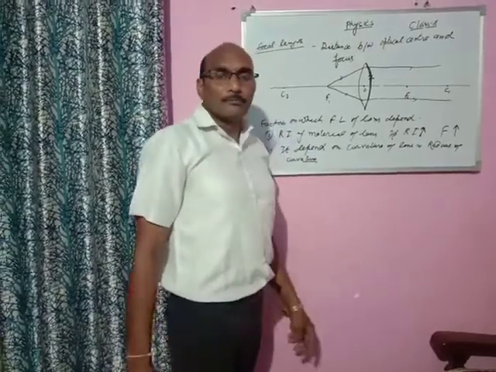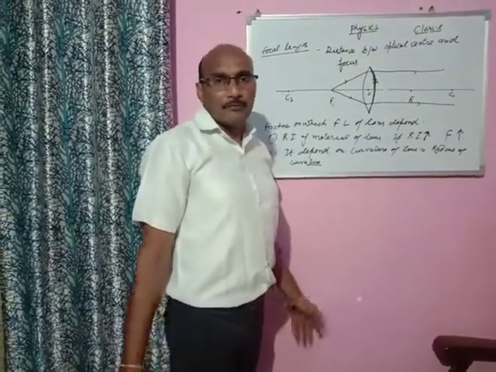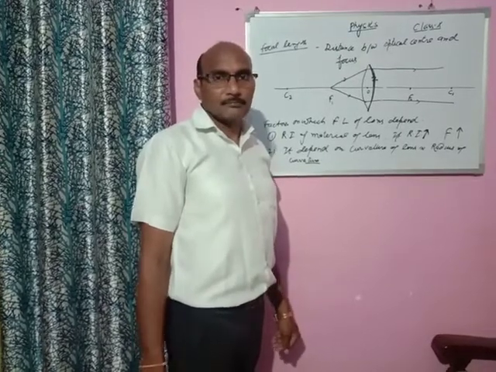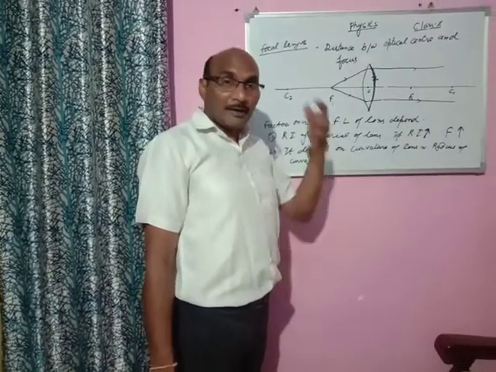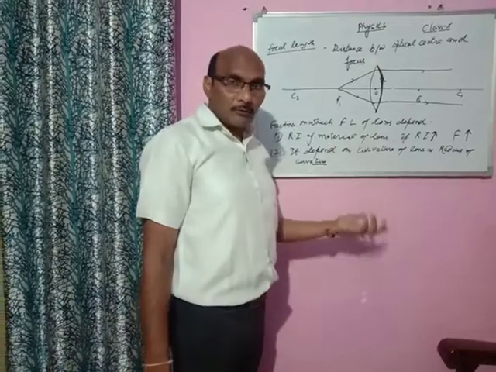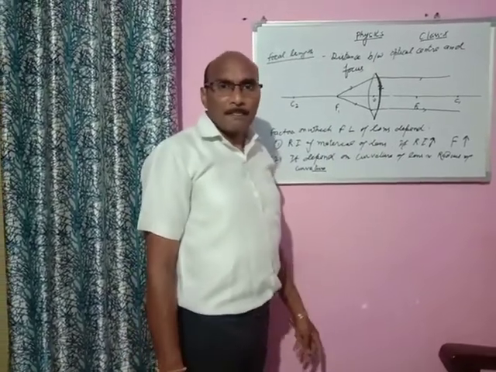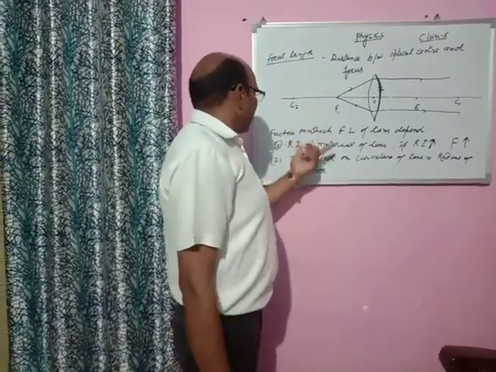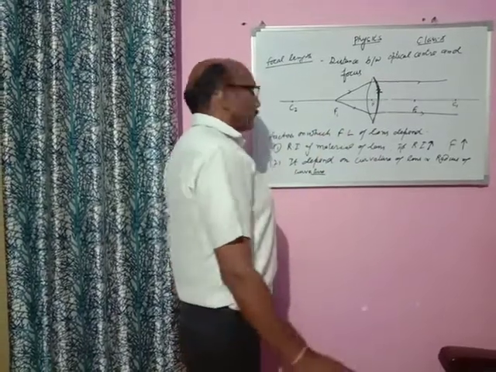As we know, focal length is half of the radius of curvature. I hope I have derived this point earlier. If not derived, I will tell again. So this is the fact. They are the factors on which the focal length depends.